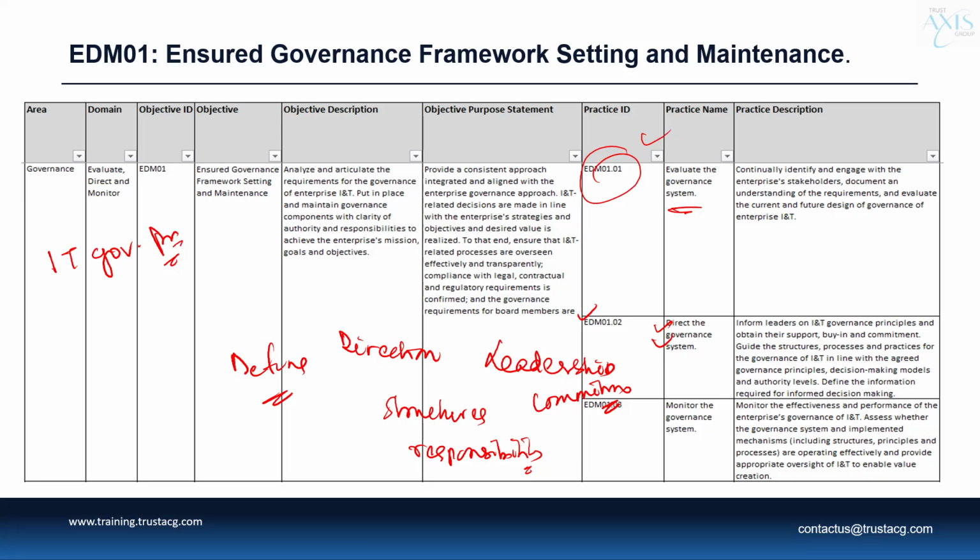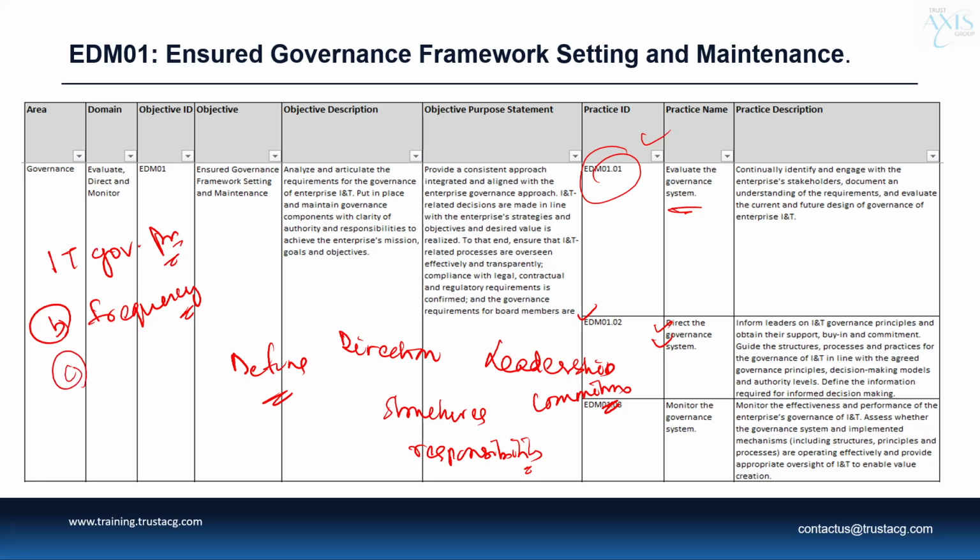Like, say, for an example, the percentage of your processes and practices that could be traced back to the principles, right? This could be one of the metrics. Similarly, you can also identify the frequency of IT governance reporting to the executive committee as well as the board. How frequently are IT governance reports presented to the board, right?